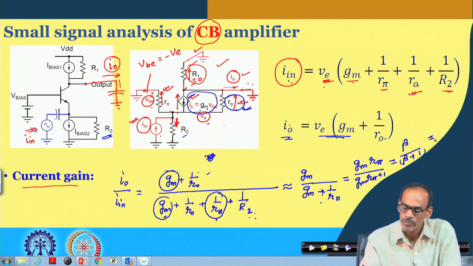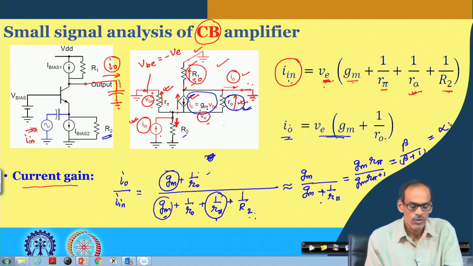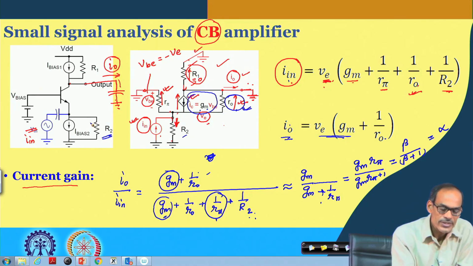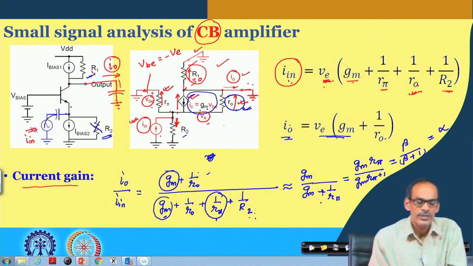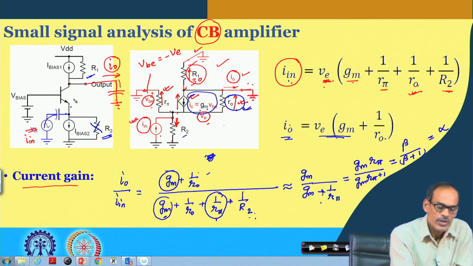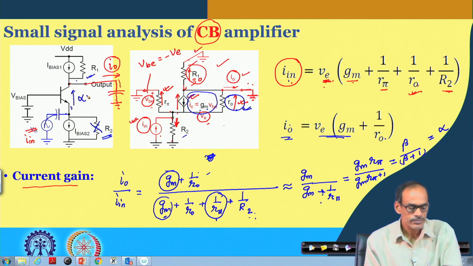In fact, you may recall this is nothing but alpha of the transistor. That is very obvious. If I ignore this resistance, if I feed a signal current here at the emitter, whatever current we will be getting at the collector side depends on how much current gain we have for this transistor from emitter to collector, and that is nothing but the alpha of the transistor.